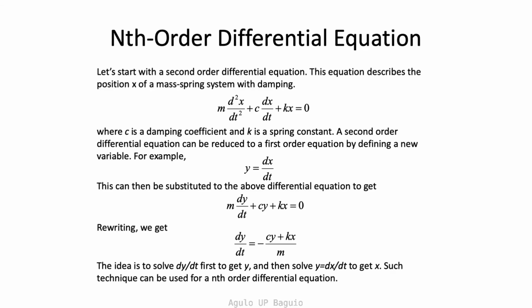Our first ODE is the most obvious and is just the differential with respect to time, so y is equal to dx/dt. Once you substitute this equation into the original second order differential equation, you should be able to derive the second first order ODE.